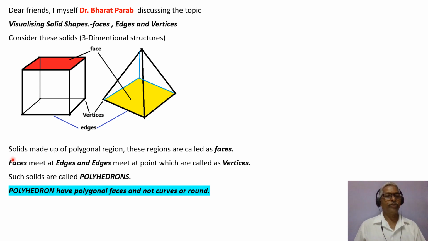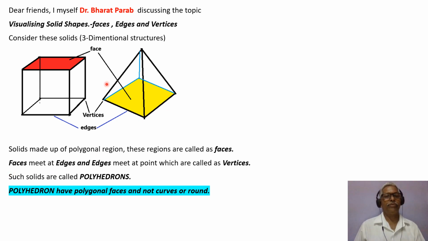Okay, so we'll see here a solid made up of polygonal regions. Any solid shape which has a polygonal region, either a square or rectangle or any polygon or triangle, these are called the faces, or face if it's single. Now faces meet at an edge.